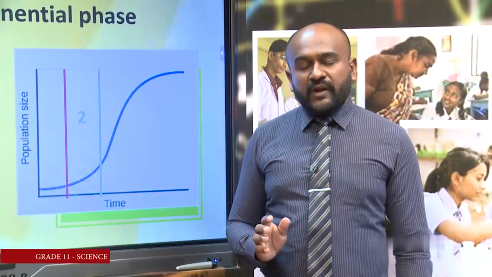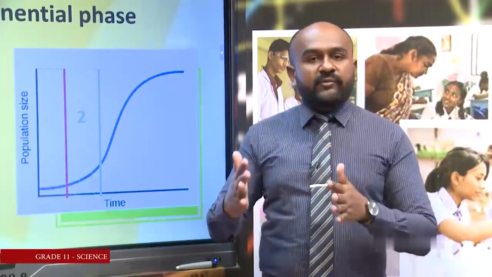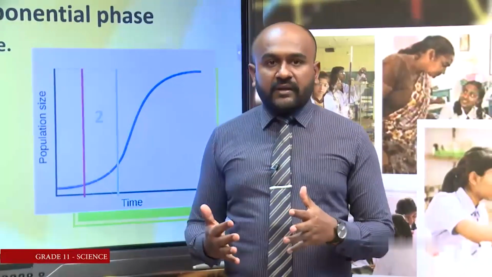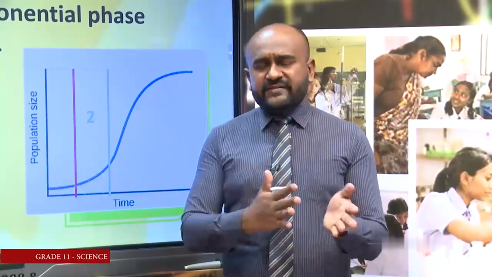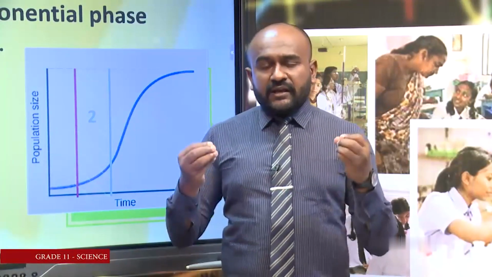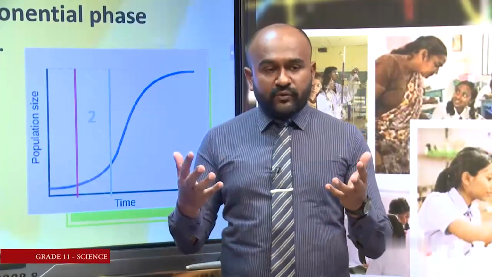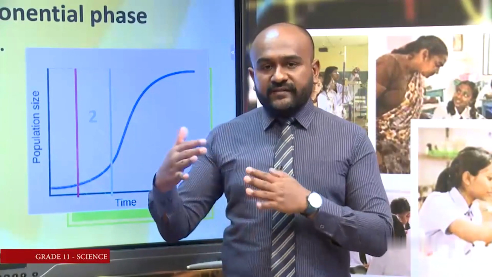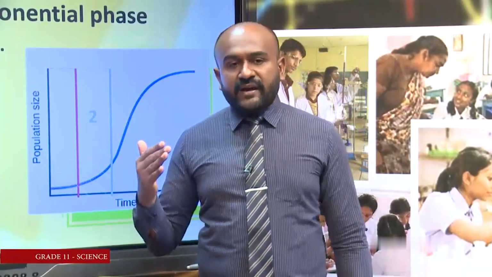I told you that at the beginning they are not much adapted. Now, they are more adapted to the environment and they get enough food, and by this time predation might be less, and there is less competition and enough food for them to live. So, they can reproduce. As a result the number increases rapidly.